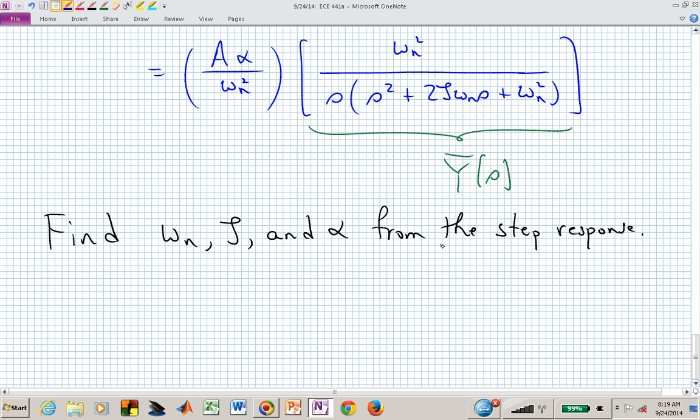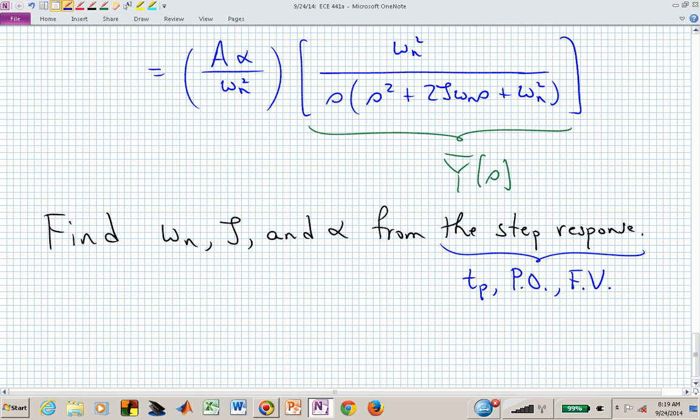What we will identify or pull from the step response will be our peak time, time to peak. We will find the percent overshoot, and we will also find the final value. Those three values from our time domain step response will allow us to back out the natural frequency, the damping ratio.